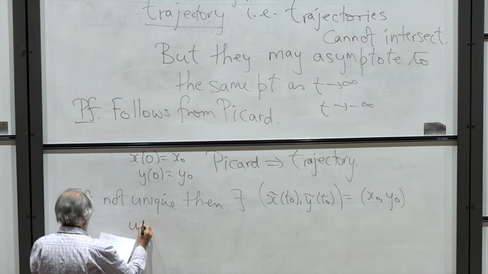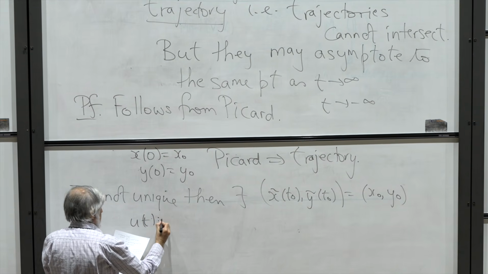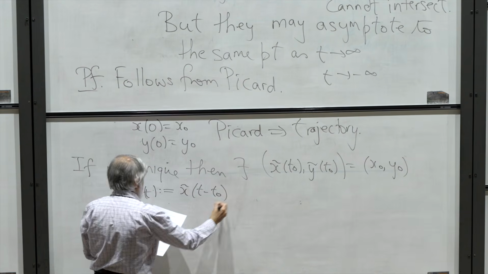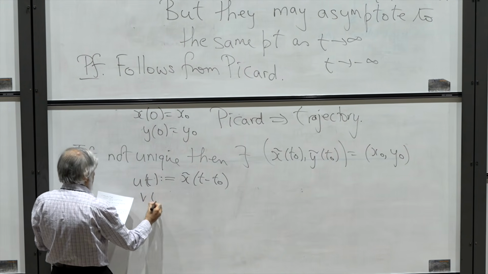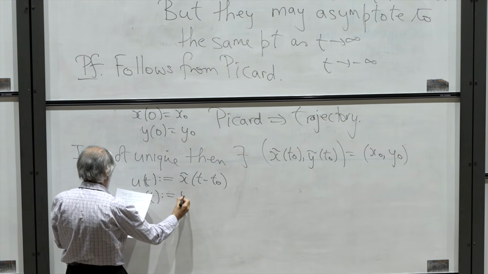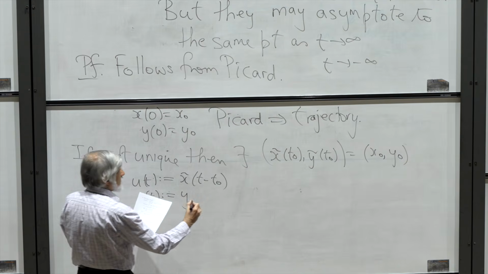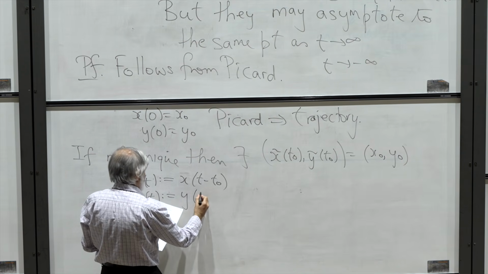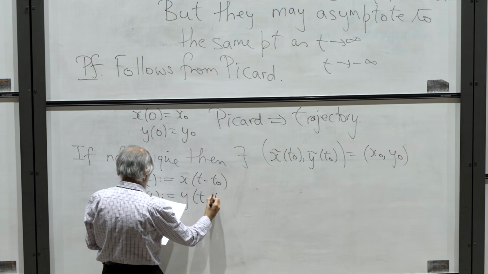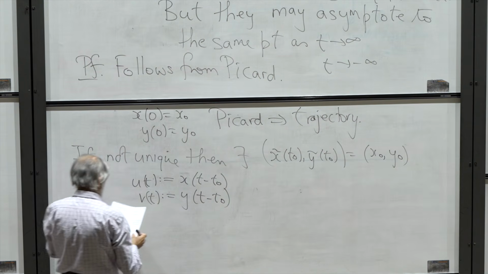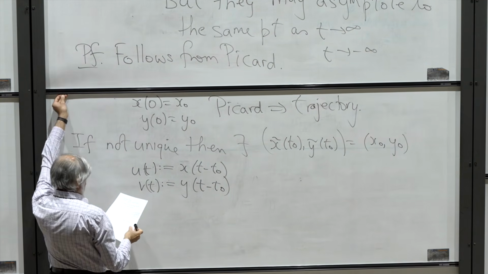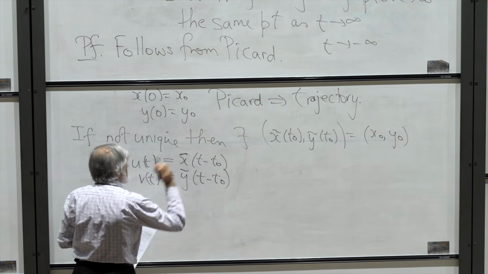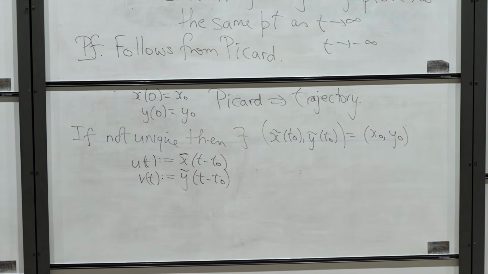Now set u of t to be equivalent to x of t minus t0, v of t to be equivalent to, sorry, that should be x hat of t minus t0.